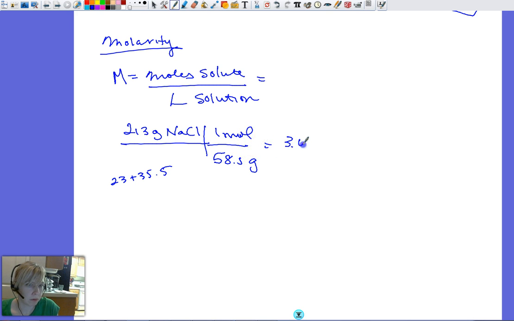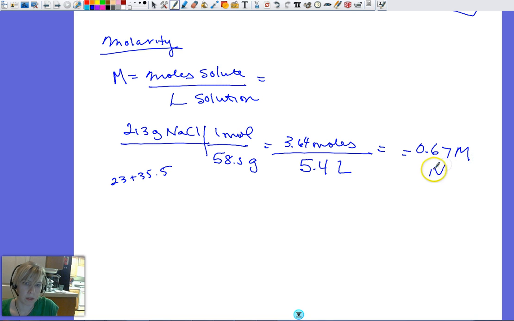We get 3.64 moles, and we can divide that by our 5.4 liters of solution. And that gives us 0.67 molar NaCl.